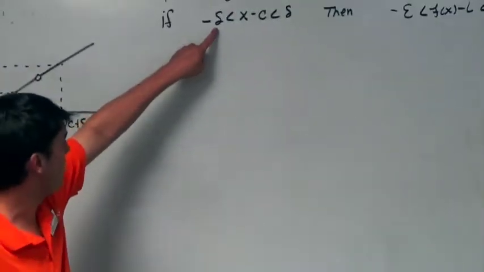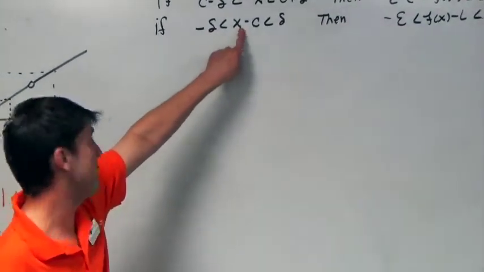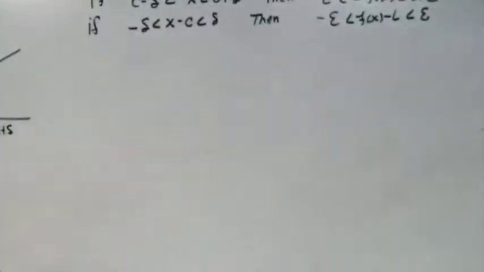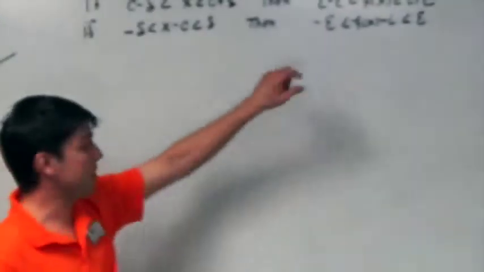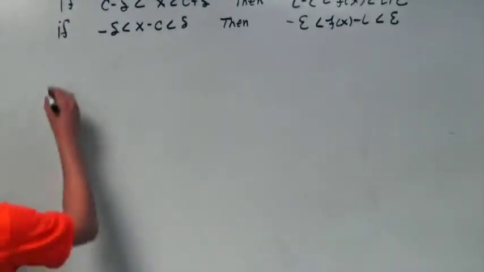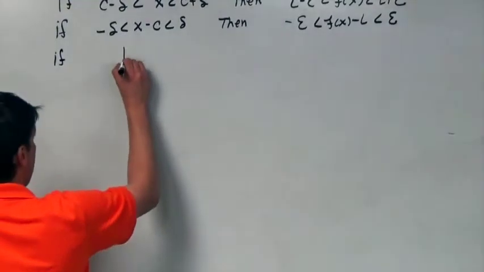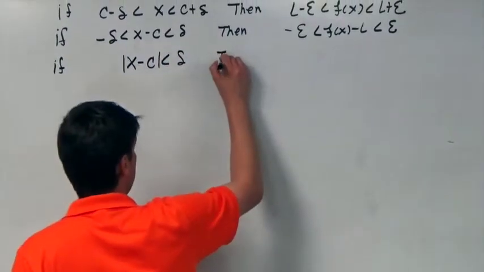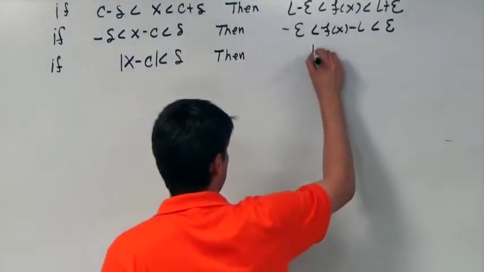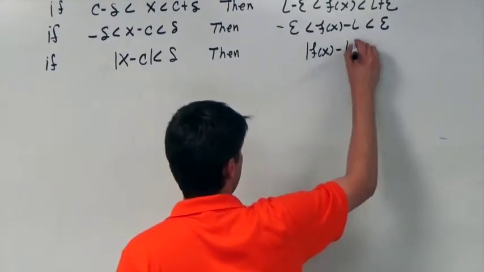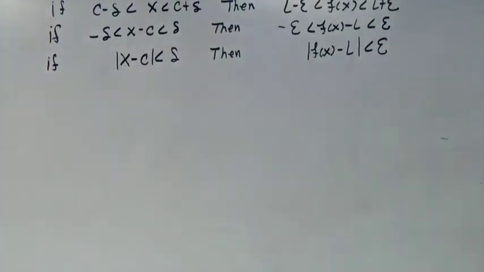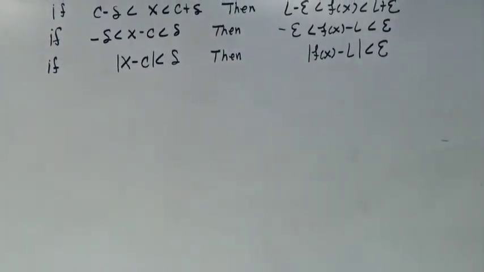We see that twice. So we package these inequalities up in absolute values. This becomes: if the absolute value of x minus c is less than delta, then the absolute value of f of x minus L is less than epsilon. Okay. And this is almost identical to the statement you see in the definition.